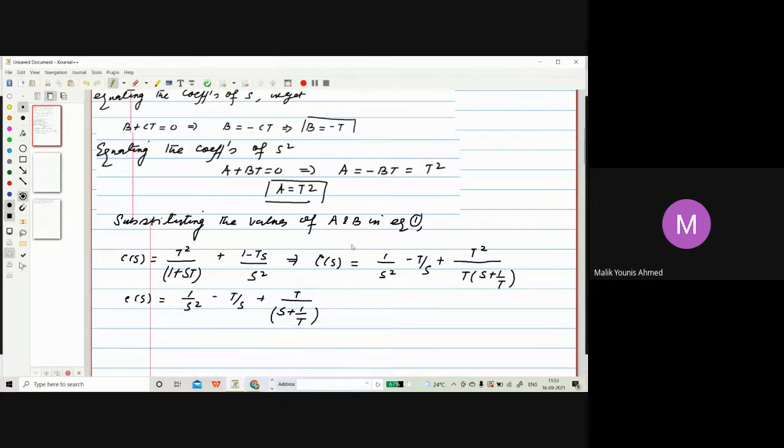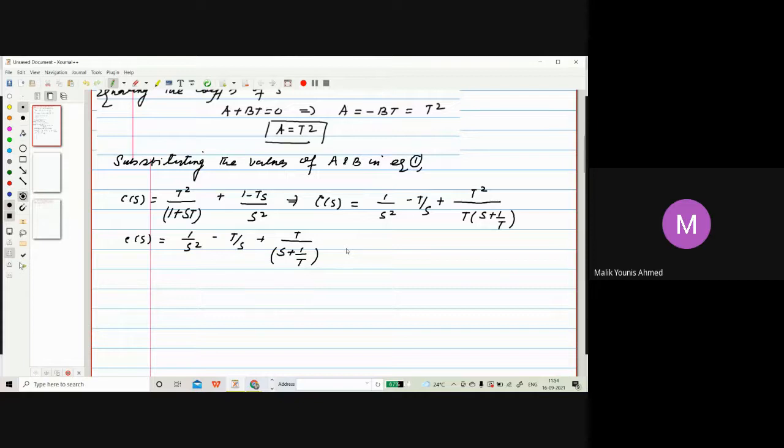So let's take the Laplace inverse of S, because we have to make suitable arrangements in order to arrive at the Laplace inverse. Taking the Laplace inverse of the above equation, that will change to time domain T. 1 by S square is for a ramp, and in time domain, ramp is represented by T. Minus T times 1 by S is step, in time domain it is represented by 1.